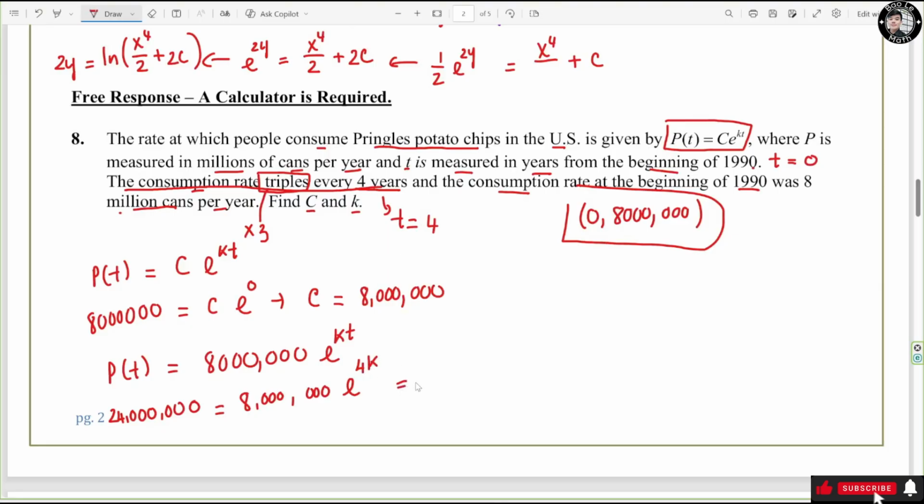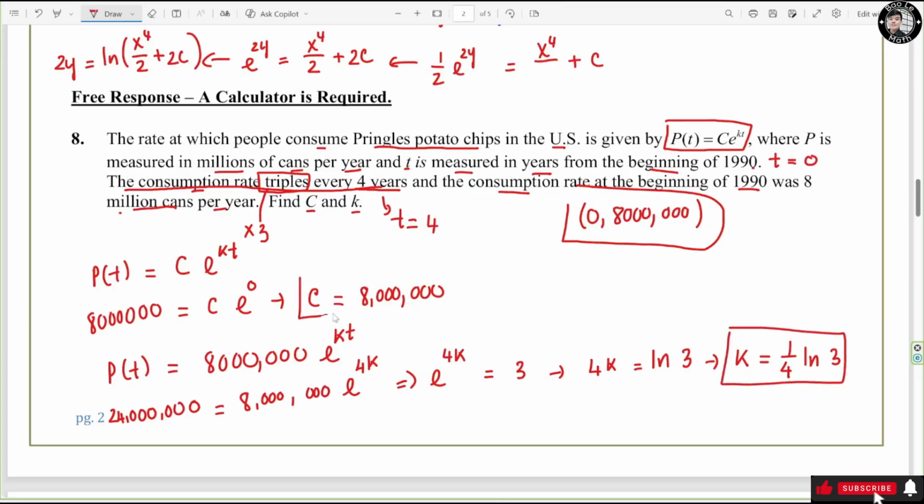Now divide both sides by 8 million, so you have e to the 4k equals 3. Take the natural log of both sides, so you have 4k equals ln 3, and then k equals 1/4 ln 3. So finally, k equals this one and c equals this one.